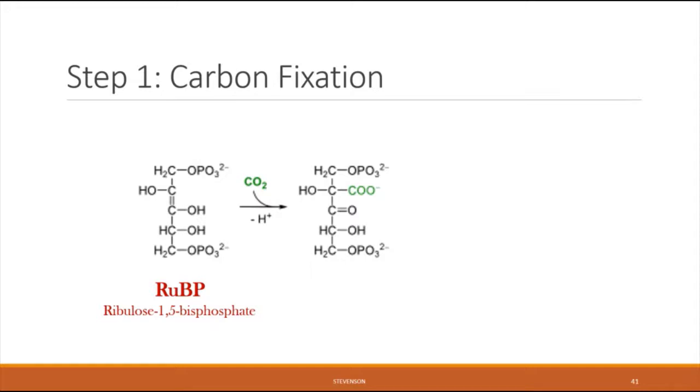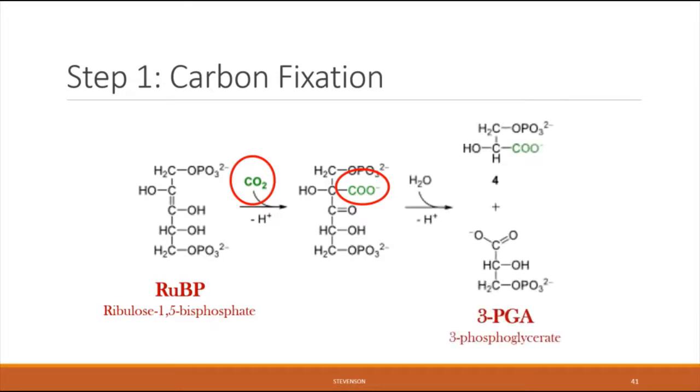So the cell has a constant supply of RuBP because it's always being regenerated. And when the CO2 comes in, it will be attached to the RuBP. And you can see where the CO2 has entered and attached to the RuBP right here. And then immediately, that RuBP molecule that has picked up the CO2 gets split in half into 2 molecules of what is called 3-PGA or 3-phosphoglycerate.